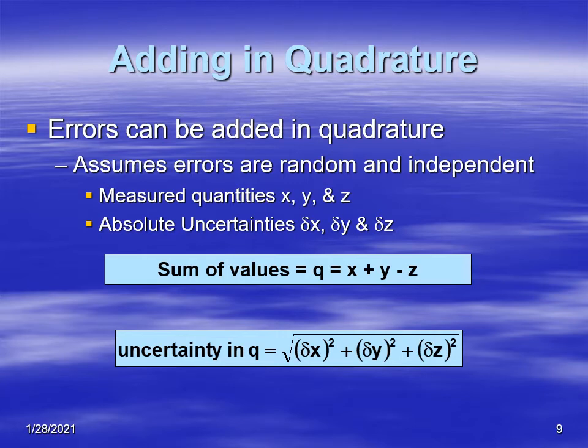When we do that, we have to estimate our uncertainty, and if the errors you made in your measurements are random and independent, instead of adding up the uncertainties, you would square each uncertainty and then add them, and then take the square root, and that'll give you the more probable error.